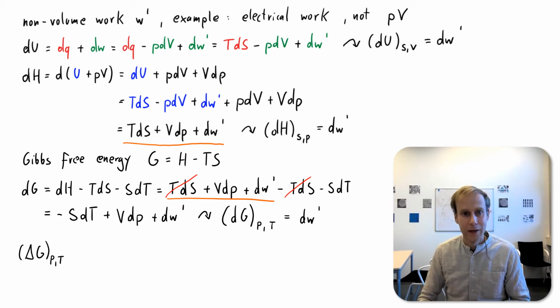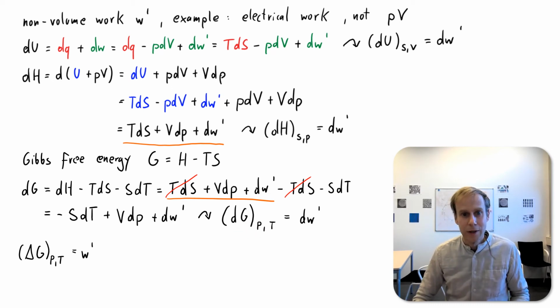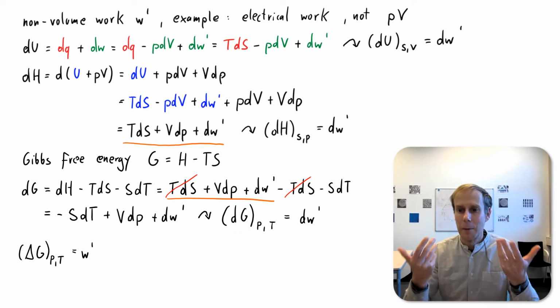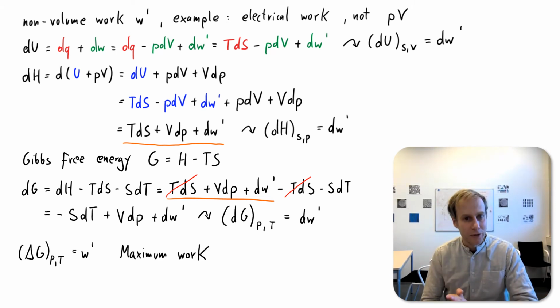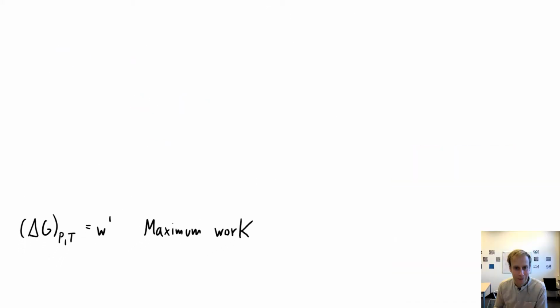Excellent. So when we integrate dG at constant pressure and temperature, we simply obtain the maximum amount of non-volume work that a system can perform, which, as I mentioned, is essential in biology.